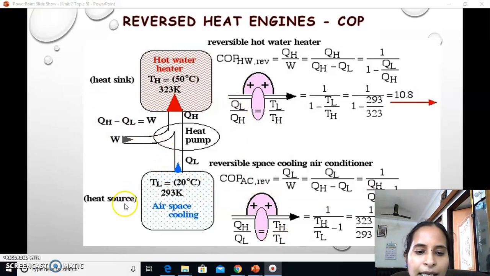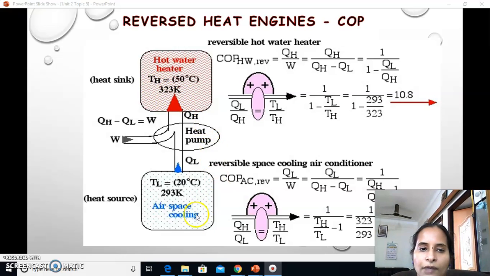And here you can see a heat source which has a temperature of 293 Kelvin for air space cooling, and by the aid of this heat pump, W, the work input, is being given, and then you are maintaining a hot water heater where the temperature is maintained at 323 Kelvin.